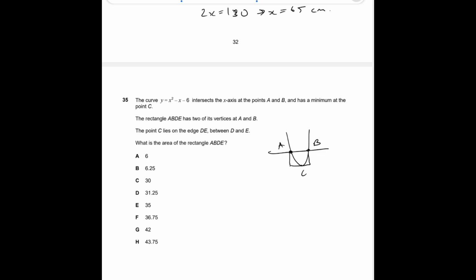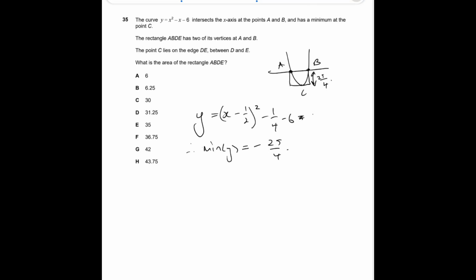Okay, so I'm going to try to find what the minimum is. So I'll rewrite it like this. So therefore, the minimum value of y is minus 25 over 4.